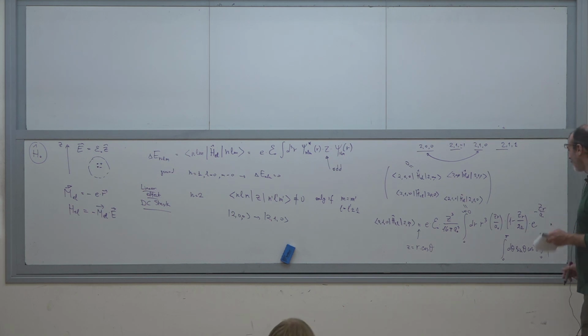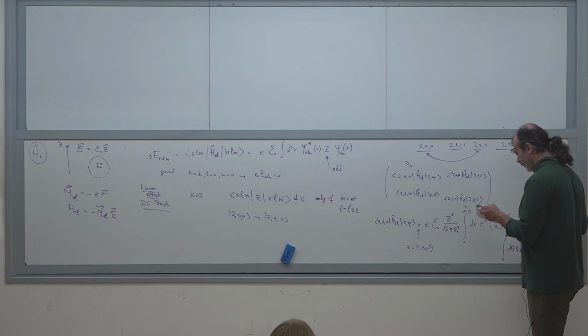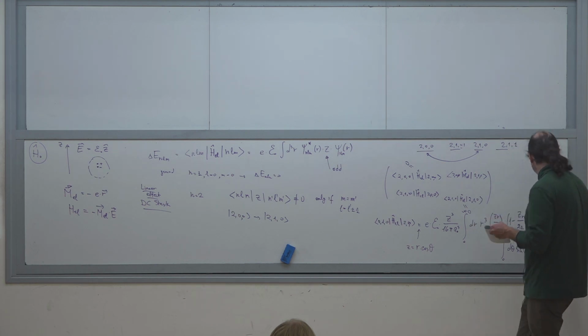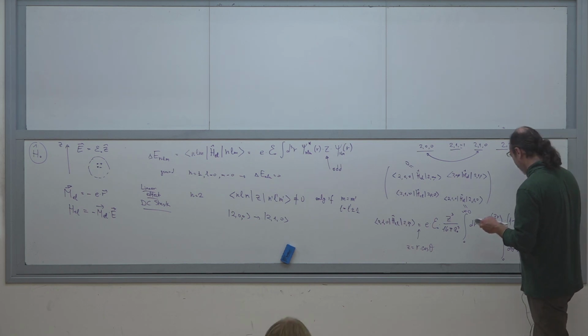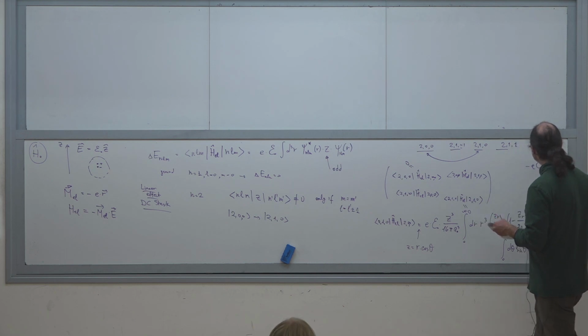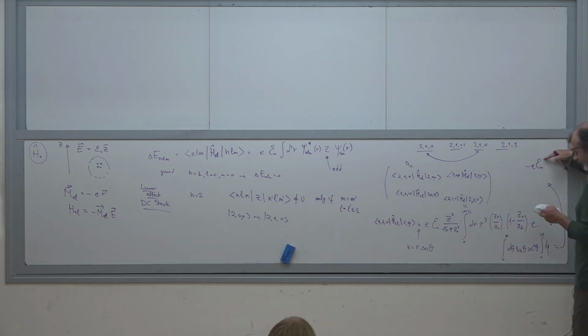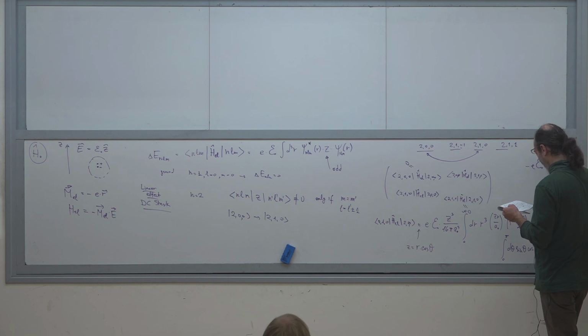Now this integral can be calculated. It's not very complex; you can find more complex integrals. The answer of this integral will be quite simple, actually. So I'm going to write this answer here: it's minus E0, the amplitude of the electric field, multiplied by 3 times the Bohr radius divided by Z, large Z.